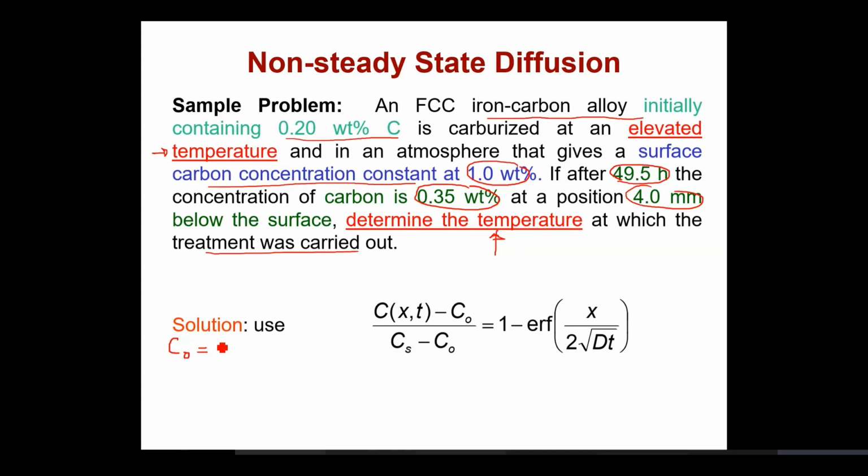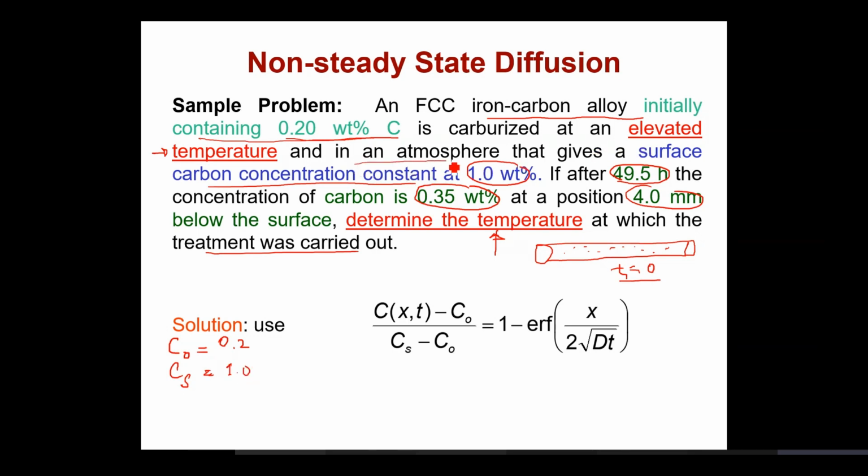If this is my rod, then the carbon concentration at t equals 0 is the same throughout the rod, so what is it? It would be 0.2. Very good. It is the initial concentration of carbon within the rod. What would Cs be? The surface concentration. Sir, 1 weight percent.